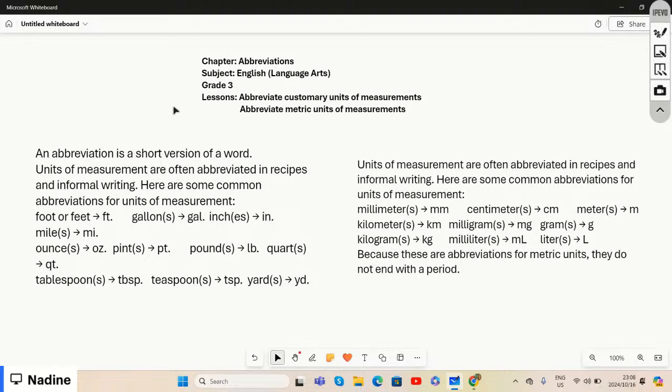All right. So this is a continuation of our previous lessons, where we also did abbreviations, and we had to abbreviate days of the week, months of the year, and also names of people or titles of people.